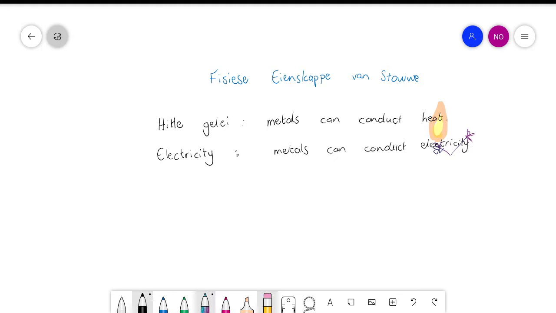Okay. And now the last one that I want to talk about is magnetic properties. I'm at the bottom of page 32 now.